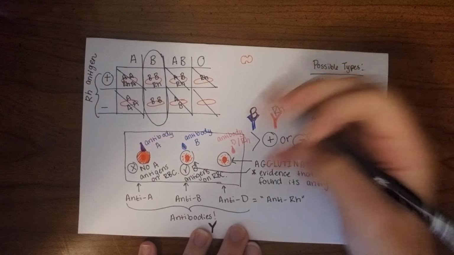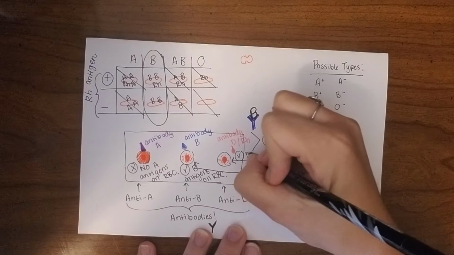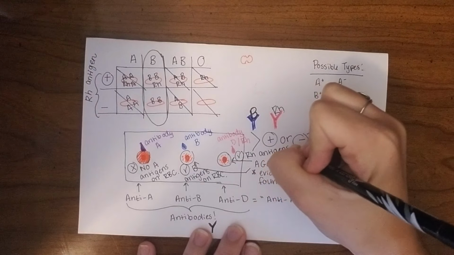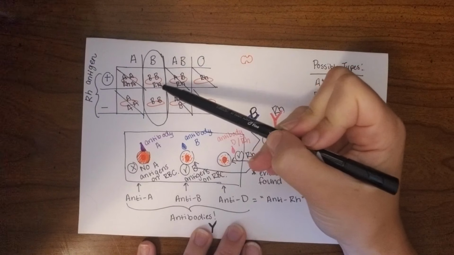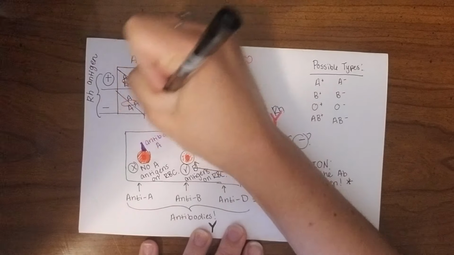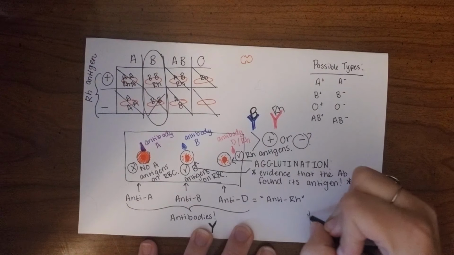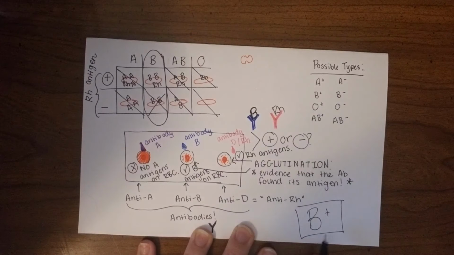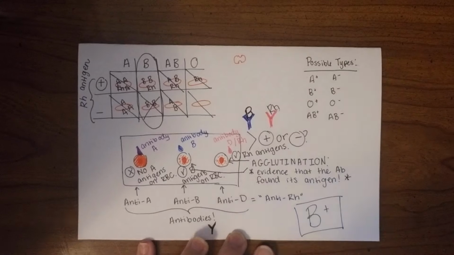For that reason, we say that yes, there were Rh antigens on the red blood cell. And then we look at our chart. Okay, who had Rh antigens? Not B negative. So the answer had to be B positive blood. Letter, positive or negative, makes the complete blood type, B positive blood.